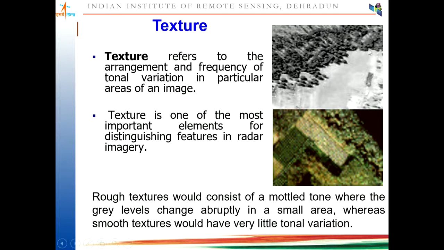On the other hand, I can make a distinction between these two halves of the image where there are frequent variations in tone. Bright, gray, dark, very dark, and this is a textural difference. So this appears to be rough when I look at the texture.